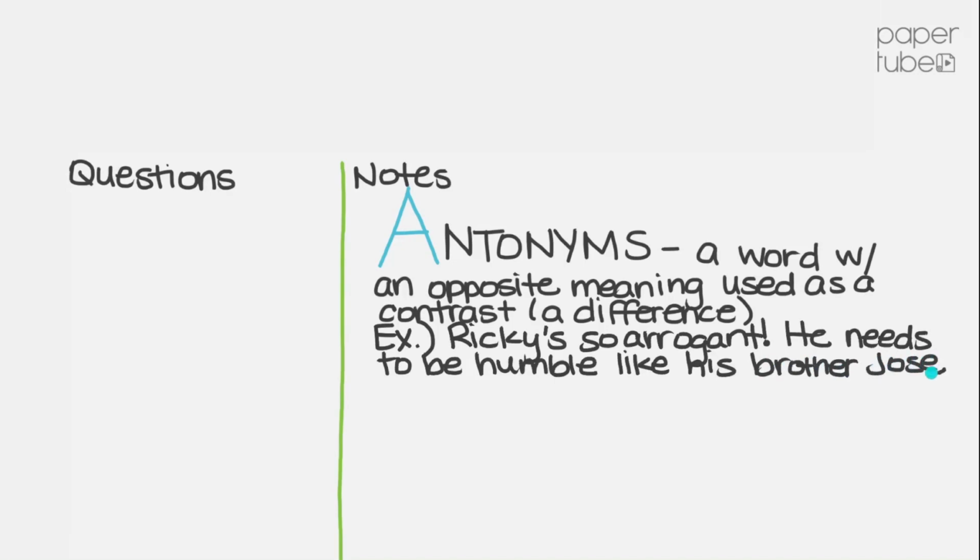So we can tell that Jose and Ricky are opposites of each other, right? And humble, you might have more experience with than with arrogant. A humble person is somebody who doesn't go out and brag about himself. A humble person just quietly does those things that they're good at, and they don't feel like they need to talk about it. So if Ricky is the opposite of that, then he's somebody who feels like he needs to talk about himself a lot, and he's probably bragging about how good he is at things, right? So we have opposites there.